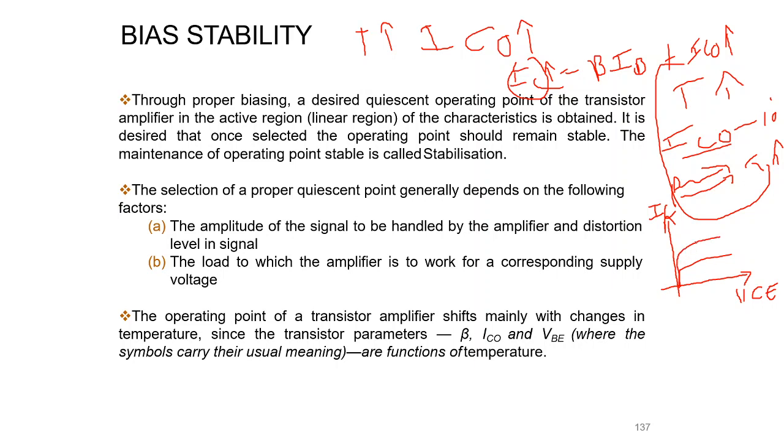In these output characteristics, we are taking the output across the reverse bias junction, so for that we consider the output characteristics. We have to fix that Q point. The Q point is the coordinate of the output voltage and the output current. This is the Q point for us.